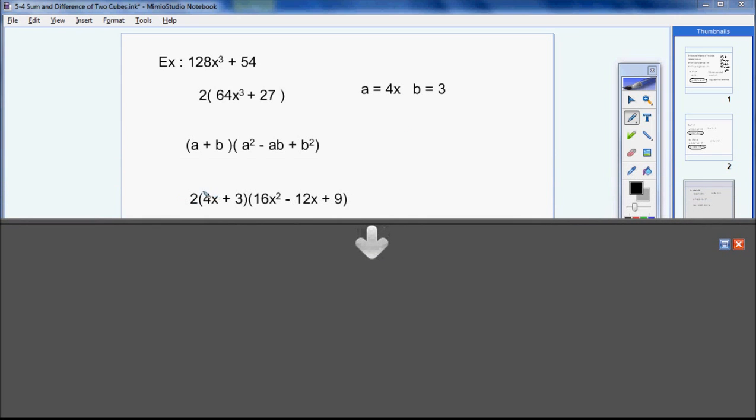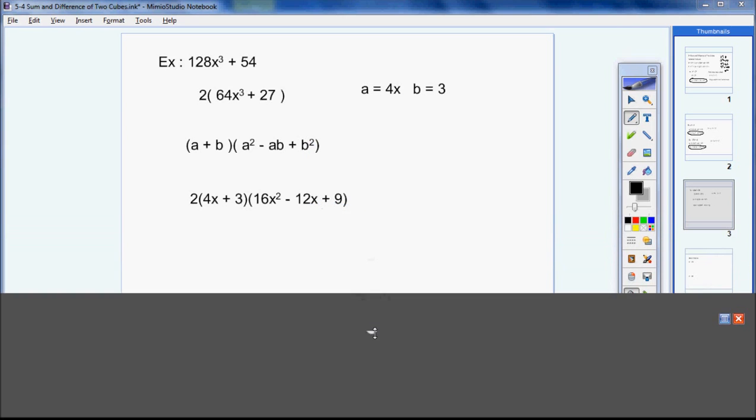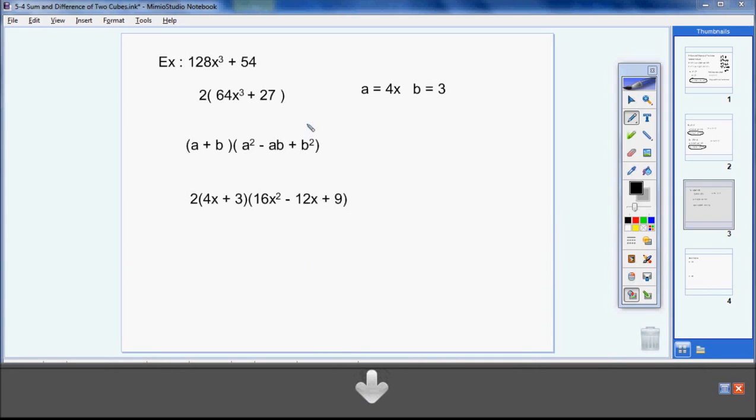So 2 times A, 4x, plus B, 3, times A squared, 4x times 4x, 16x squared, minus 4x times 3, 4 times 3, 12x, plus B squared, which is 9. Okay, so always look for those common factors first and then use your process.